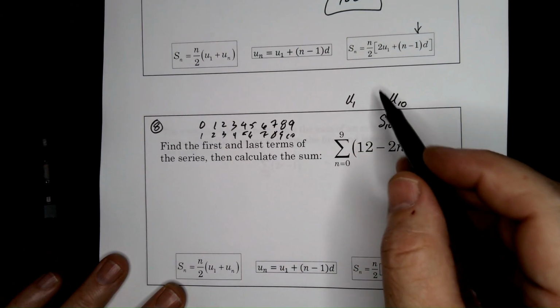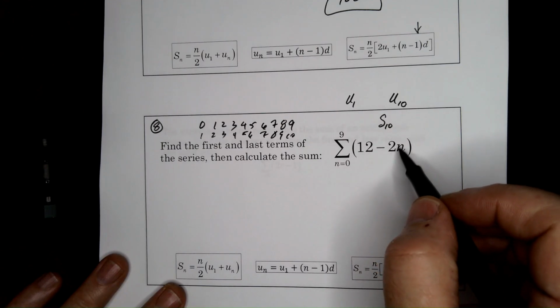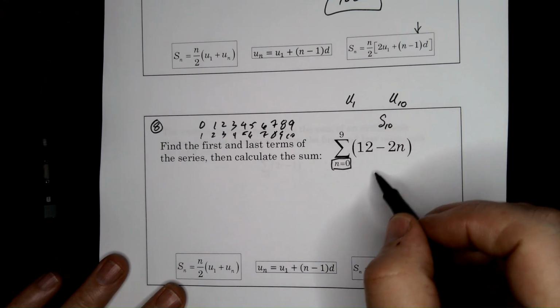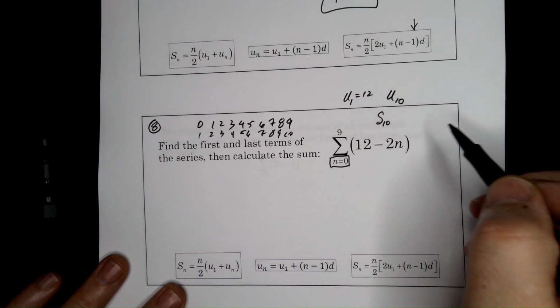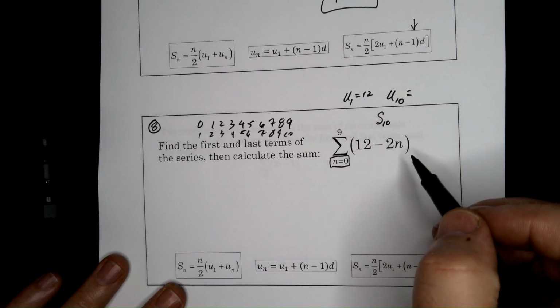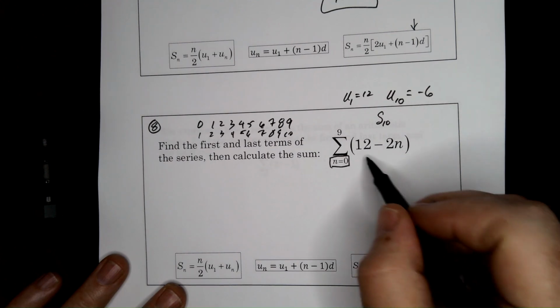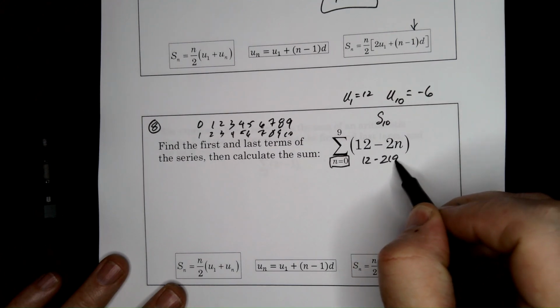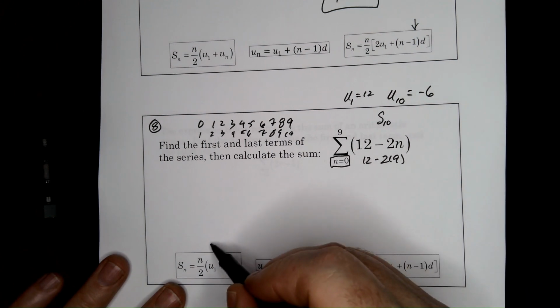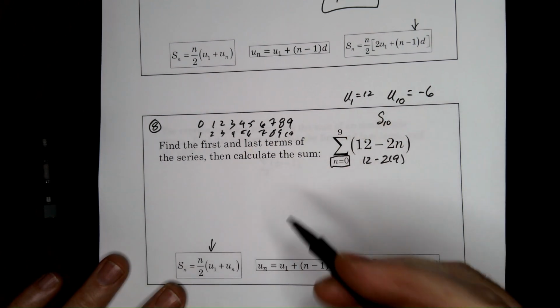So to find U1, all you got to do is plug in 0 right here because we're starting at 0. So U1 is 12. And to find the last term, we're going to plug in 9. So we're going to get negative 6 because 12 minus 2 times 9, right? That's 18. 12 minus 18, negative 6. So in this case, this formula is super easy.